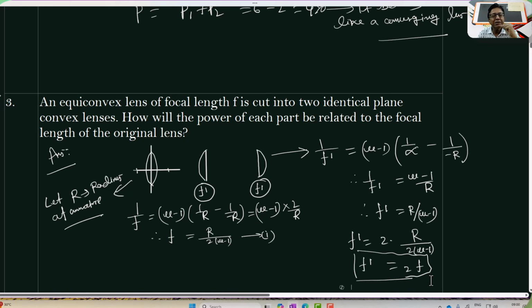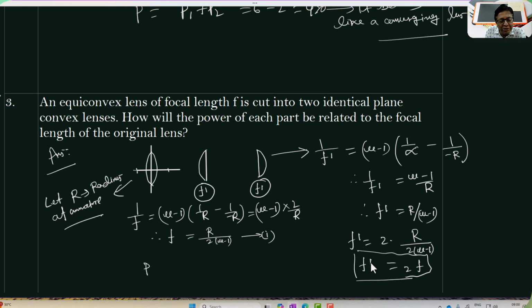Power will be changed accordingly. In the first case, power is what? 1 by f. Assume every data is in terms of meter. So it will be 2 into mu minus 1 by r. What is the power in this case? P dash. This will be 1 by f dash.